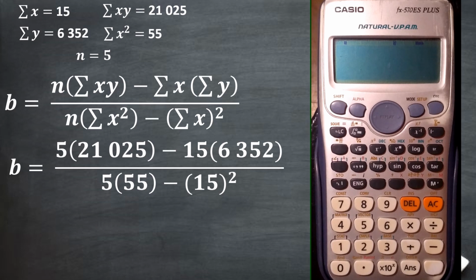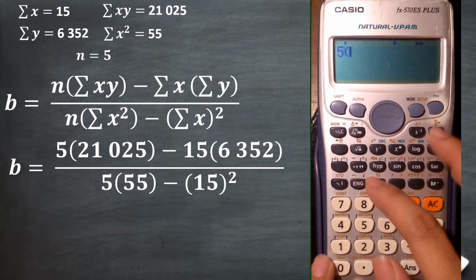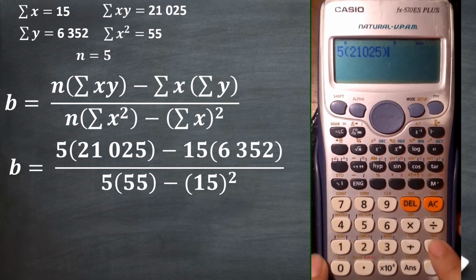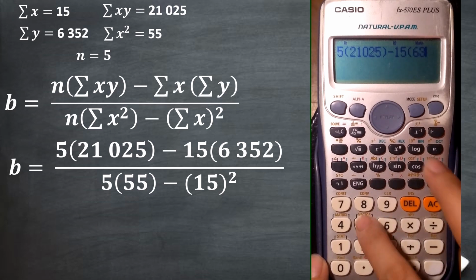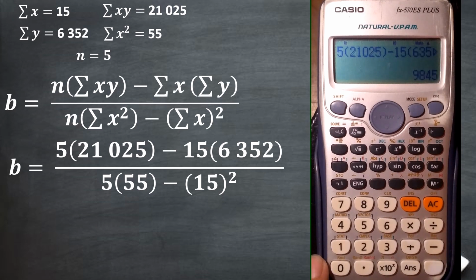The value for b, we have the numerator as 5 times 21,025 minus 15 times 6,352, close. The answer is 9,845 for the value in the numerator. And then for the denominator, we have 5.